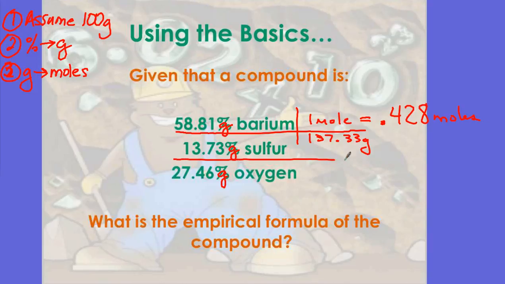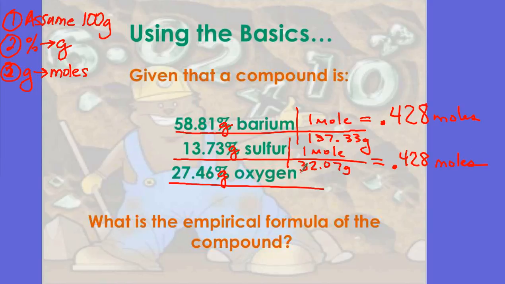Sulfur. How do I convert sulfur to moles? Sulfur is 32.07. 0.428. Huh. That looks familiar. And oxygen. Oxygen's mass is 16.